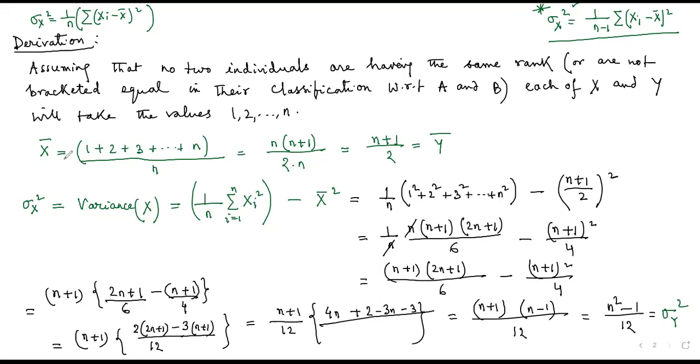So we have calculated x bar and y bar. We have also calculated sigma x squared and sigma y squared. Now I'm going to the next page. You see that in general, according to our assumption, this xi and yi are not the same for all i, because the ranks are different.